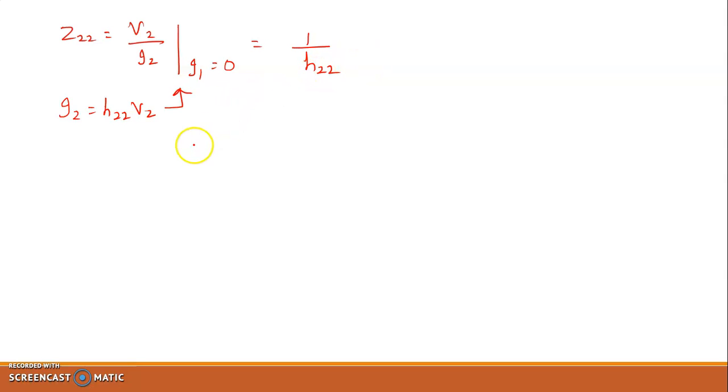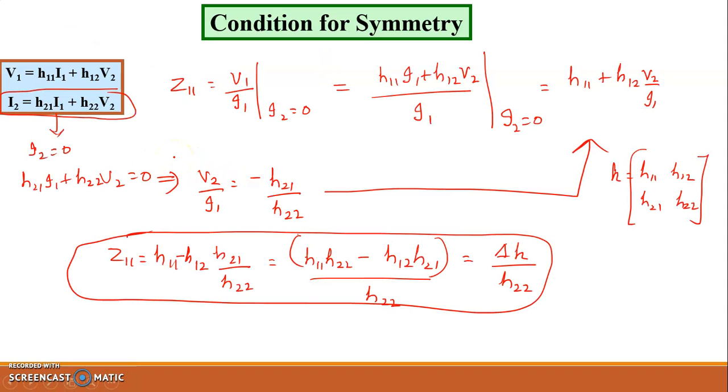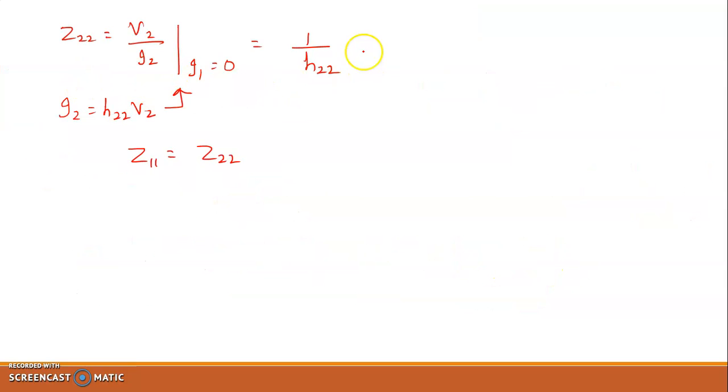The condition of symmetry in the case of Z parameters is Z11 equal to Z22. Z11 is delta H by H22 and Z22 is 1 by H22.